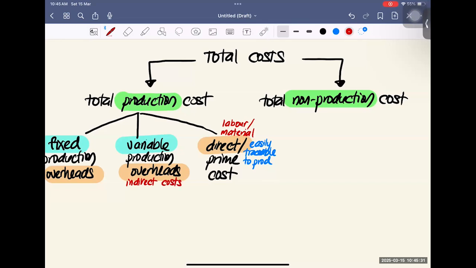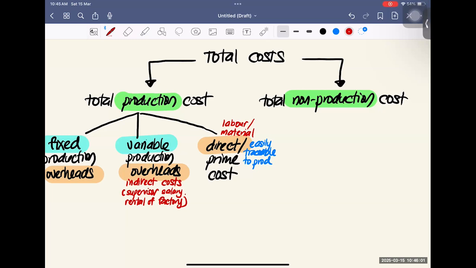For example, your supervisor's salary, the rental of the factory. Is it related to the production? Yes, it's related to the production. But can you trace how much is a supervisor's salary to the product?